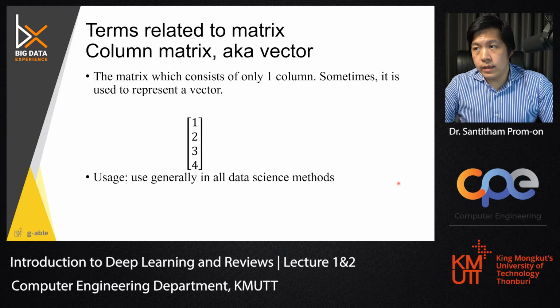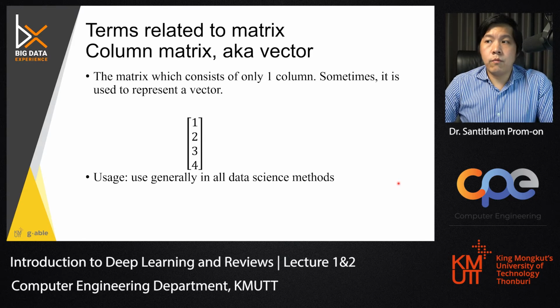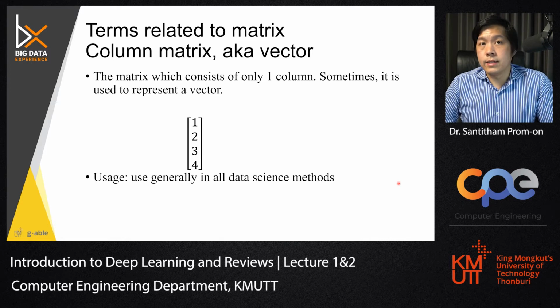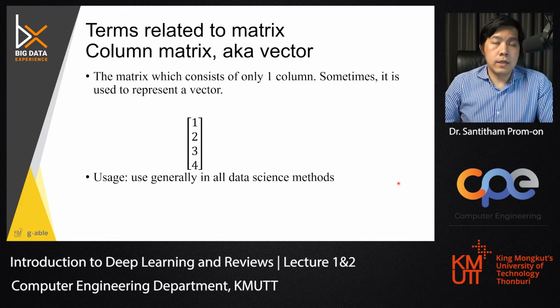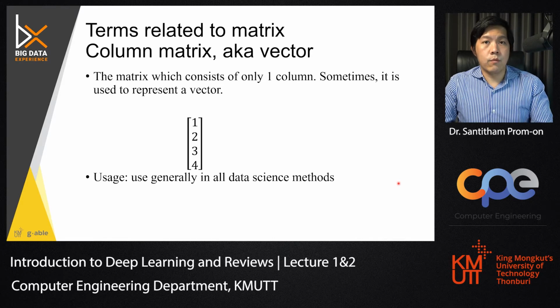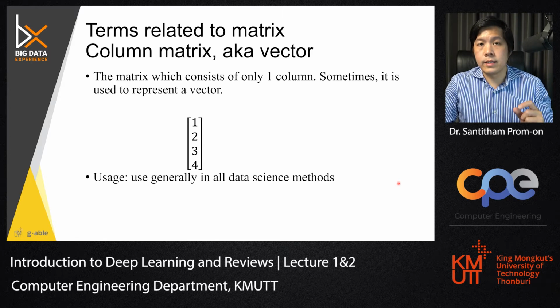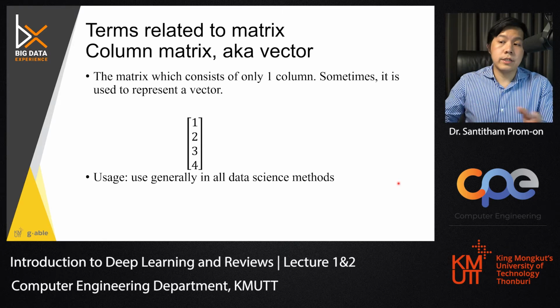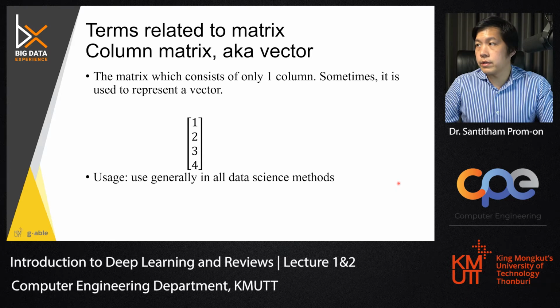In many techniques, a column vector also represents different things. Like we will see later on in SVD, the singular value decomposition, or in principal component analysis, the column matrix or column vector can be extracted to get the eigenvectors of the reduction process. It is used in general data science concepts, the column vector.